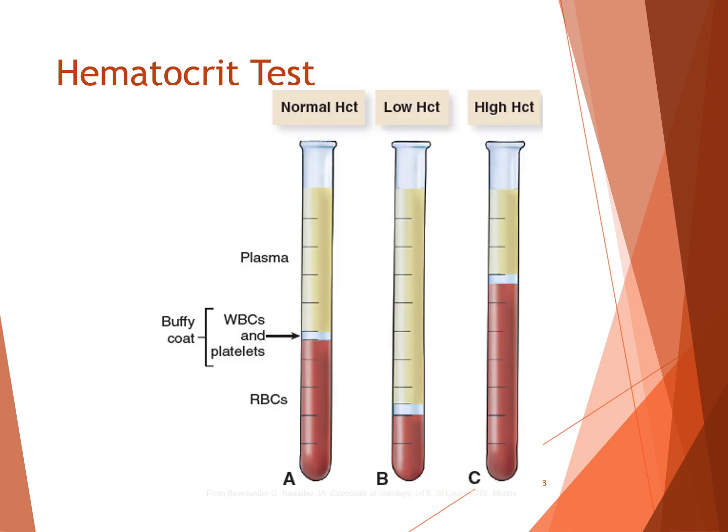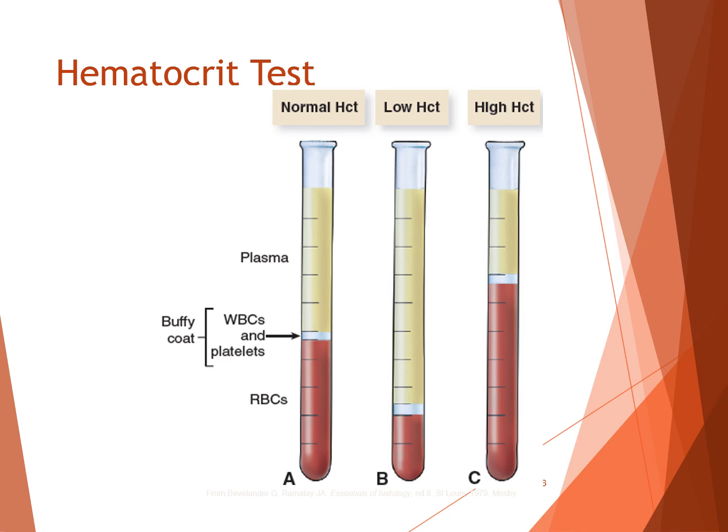When a hematocrit test is performed, they take the blood sample and put it into a centrifuge that spins it really fast, and that allows the heavier components to settle to the bottom and the lighter components to float to the top. The white blood cells and the platelets settle out into this lighter colored layer that we call the buffy coat.